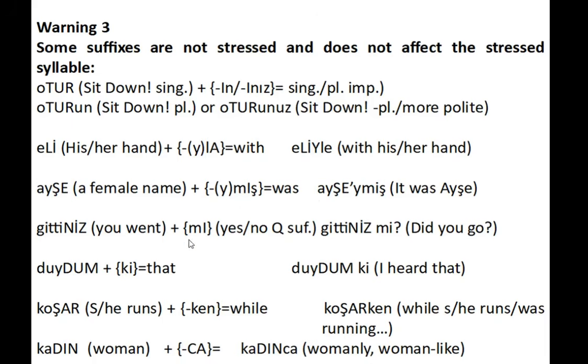Gittiniz, question suffix. Gittiniz mi? It means did you go? Duydum. Before ki, we have the stress on the same syllable. It doesn't change. Duydum ki. Koşar. Koşarken. Ken means while, doesn't change. Kadın. Kadınca, which means womanly or women-like.